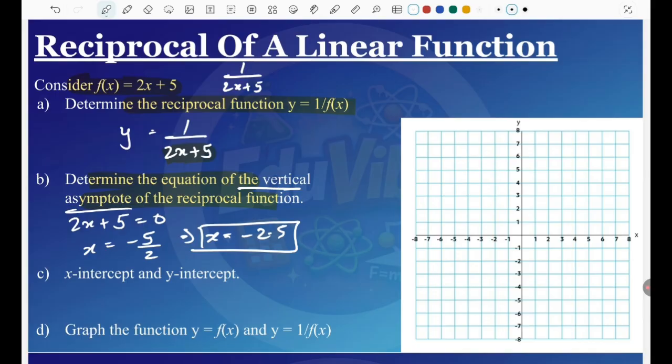Now find the x and y intercepts for this. In that particular case, you don't have any x intercept for the reciprocal, because x is equal to minus 2.5 is the asymptote. Let's make the graph of 2x plus 5, the original graph first. Plus 5 is our y-intercept, for the original function, not for the reciprocal function.